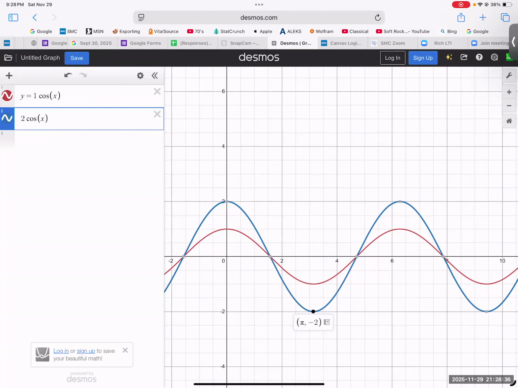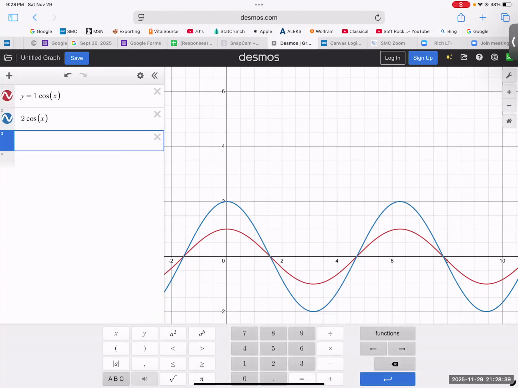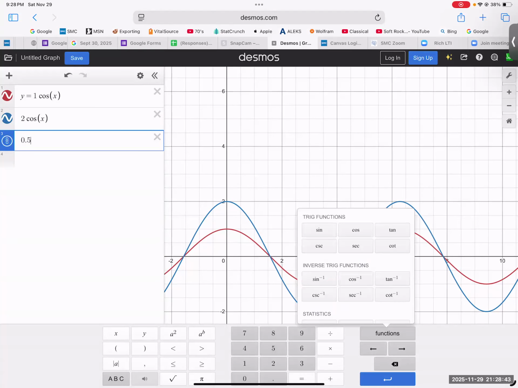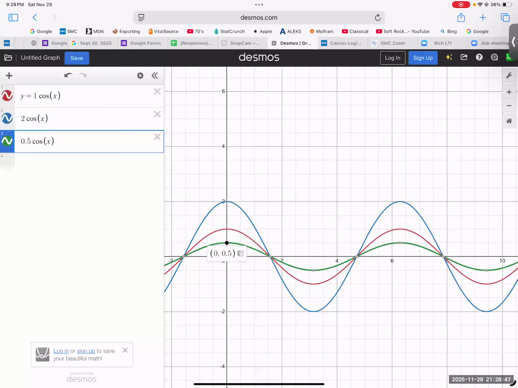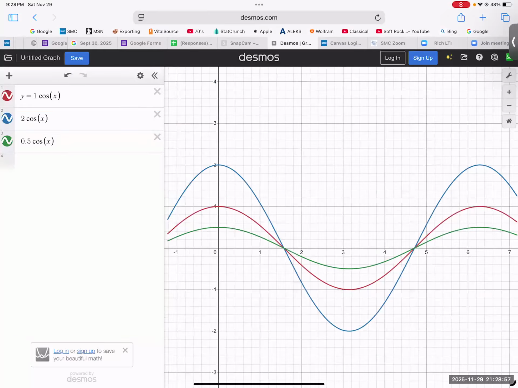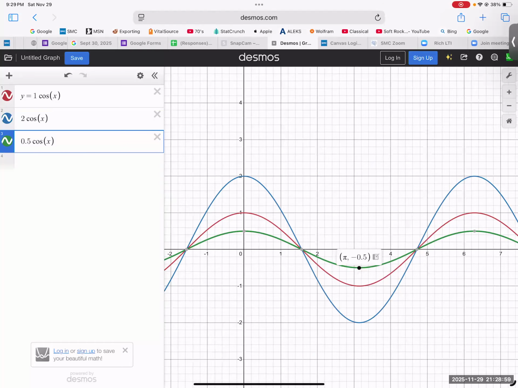And the third function is 1/2 cosine x, or 0.5 cosine of x. That's the green graph, and you see its maximum positive value is 0.5 or 1/2, and its absolute least negative value is -1/2. So the range from the minimum to the maximum is -1/2 to +1/2.